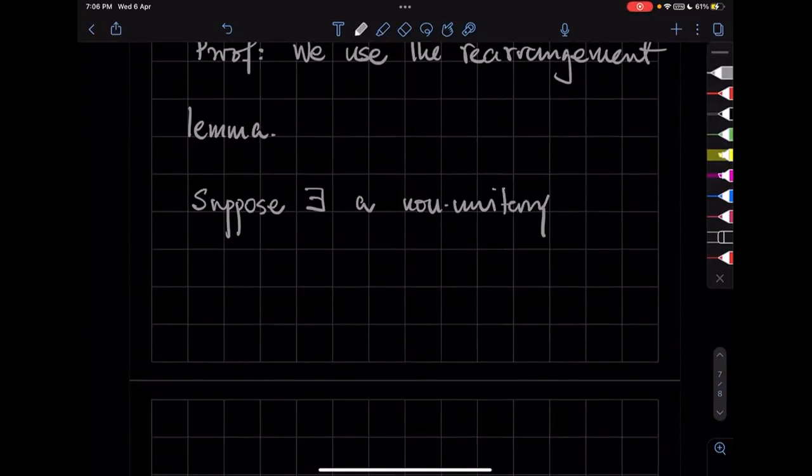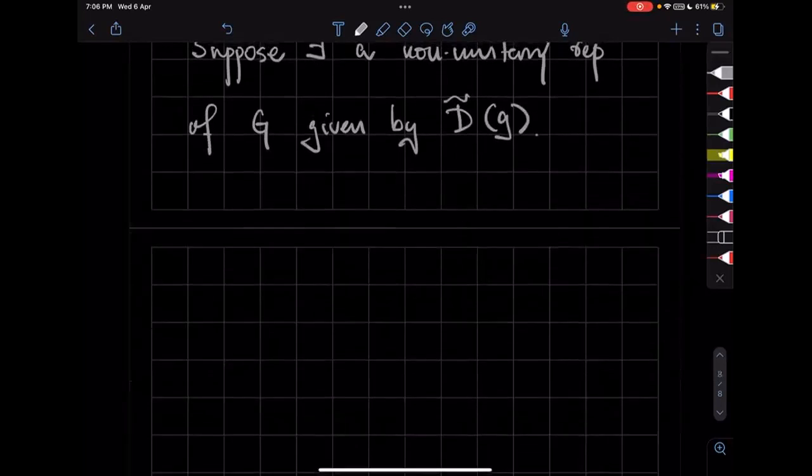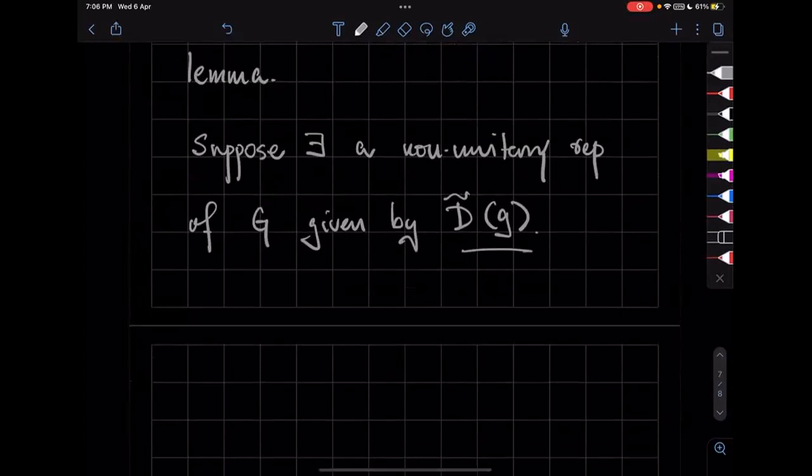Suppose there exists a non-unitary representation of G, given by the matrices d tilde of G. Okay. So these are not unitary.